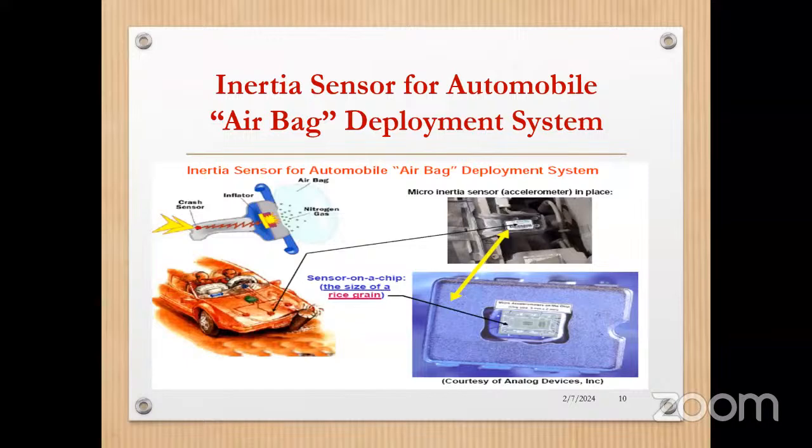When there is an acceleration, or when this sensor hits something, then the airbag gets deployed. The airbag deployment sensor is shown here in the blue color. This is a chip that is less than the size of a rice grain. Take a rice grain and look at the size. This chip is going to be less than the size of the rice grain.